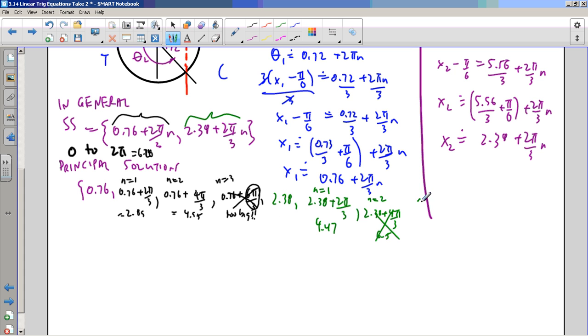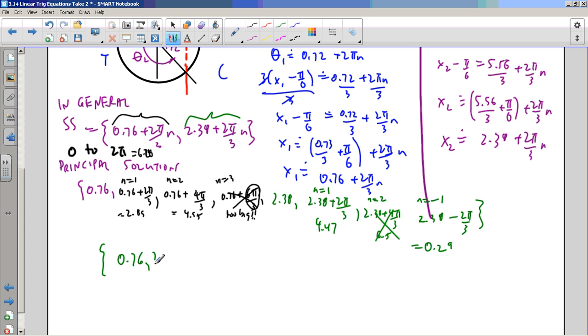If I try n equals -1, then I'm going to get 2.38 subtract 2 pi over 3, which gives me yet another solution. In fact, this gives me an acute solution, 0.29. And this is a lot to digest, but let's see if it makes sense.